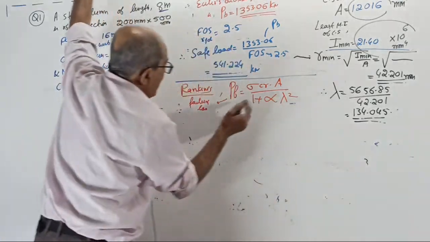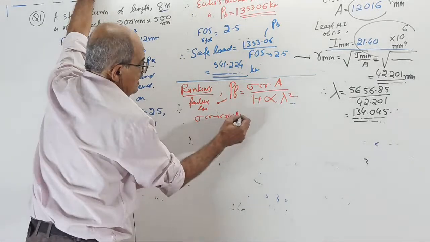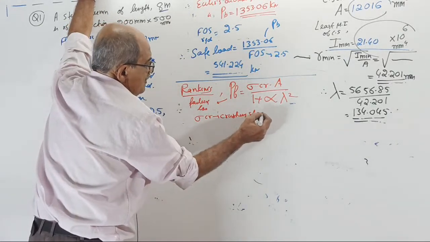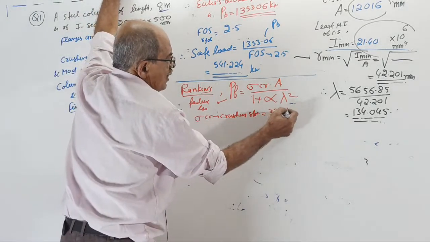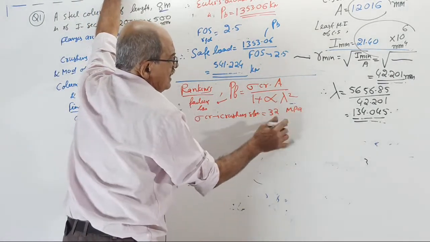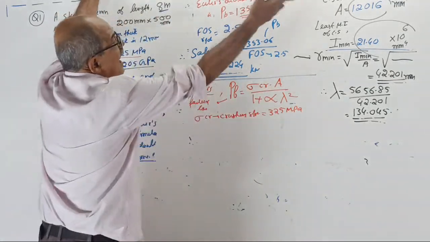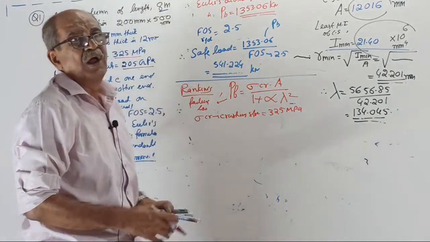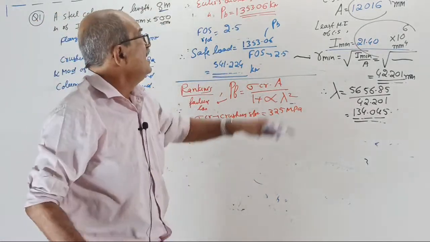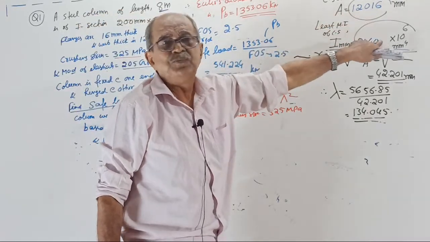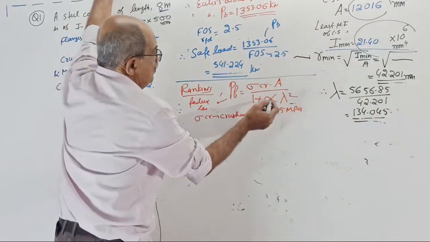See, sigma CR is the crushing stress, which is given in the question as 325 MPa. Now onwards, if I write MPa, you know it is Newton per mm square. Then the area is already known. If you are doing Rankine's formula alone, for the exam point of view, you have to find area, I, R, and lambda. Okay, over. Now area over.